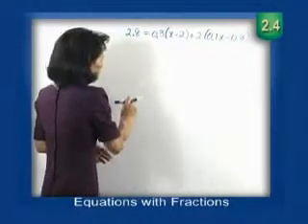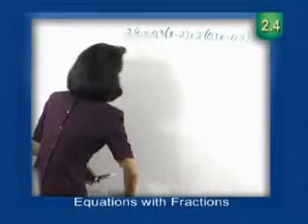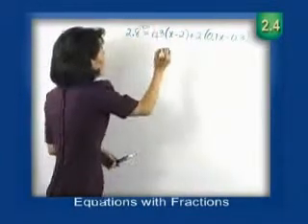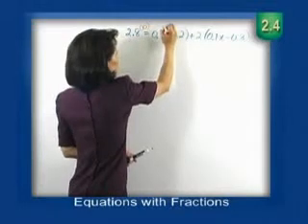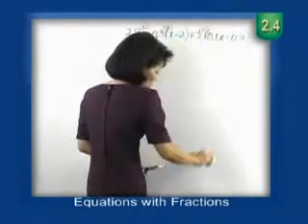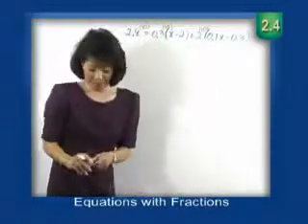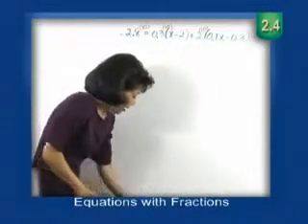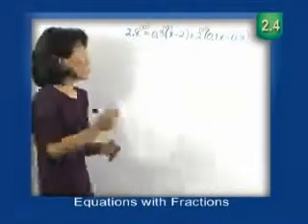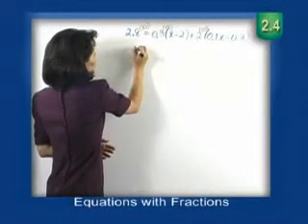So what we're going to do is multiply each of these by 10. So I'll write the 10 by each term. I've got multiplying this one by 10, multiplying this one by 10, and multiplying this one here by 10 as well. So we're multiplying each of our terms by 10. Now, when we multiply 2.8 times 10, we simply get 28.